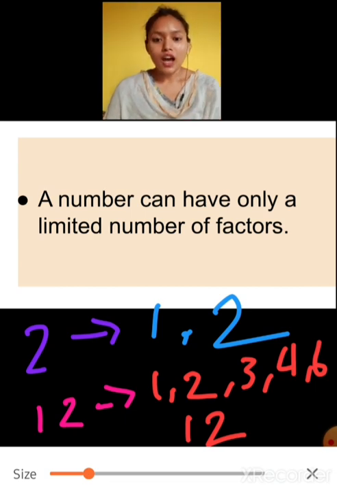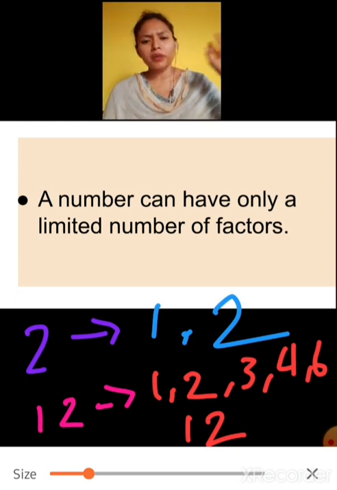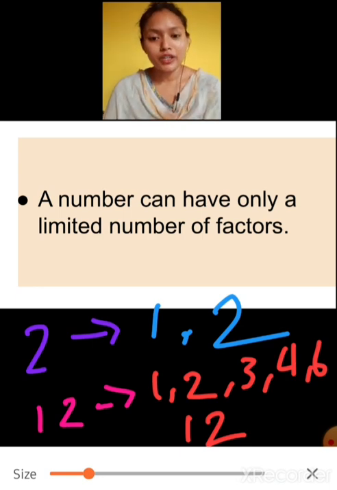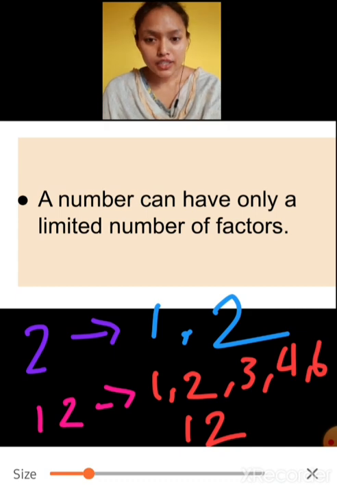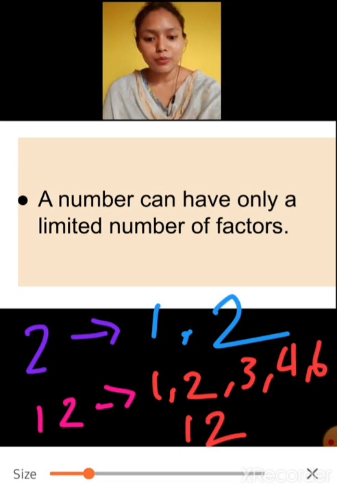As we say, how many numbers are there in total? Infinite numbers are there. We know 0 to infinity. So many lakhs, crore, million, billion. But factors are limited for any number. In the case of 2, 2 factors are possible. In the case of 12, 6 factors are possible.